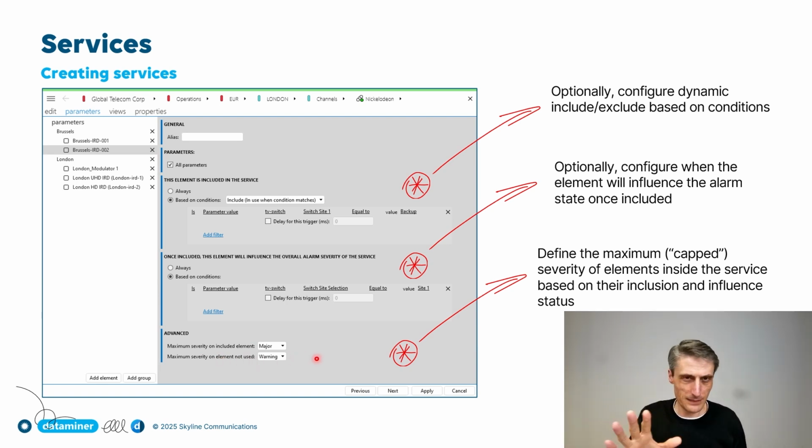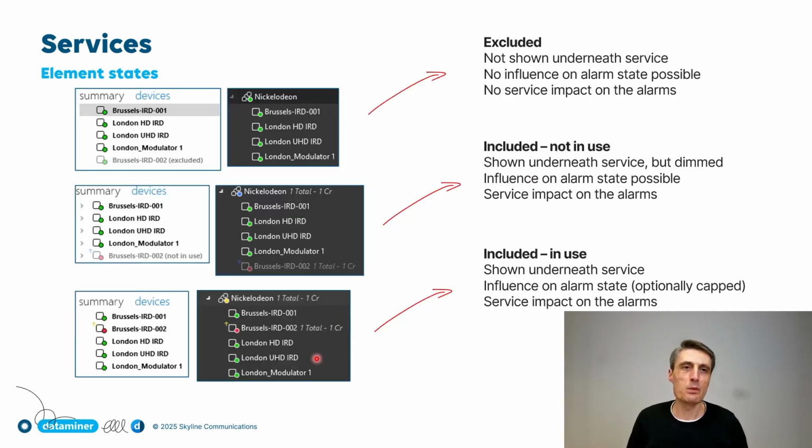Well, let's take a look at how that reflects in the UI, because maybe that will make clear what the subtle difference is between excluding and including and the not used. So here we have a couple of examples. If I use inclusion, exclusion, I will see that my devices here are either included in bold or they are excluded if I take a look at the service itself.